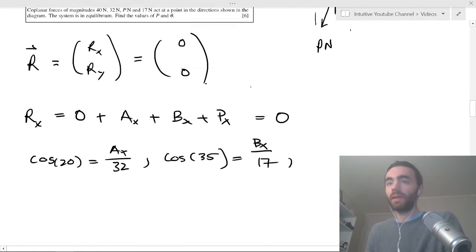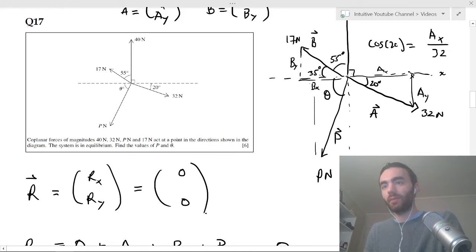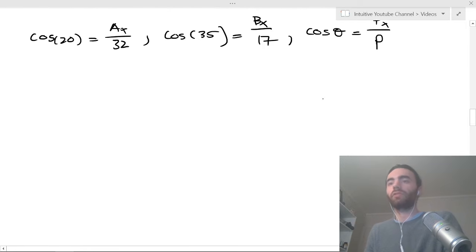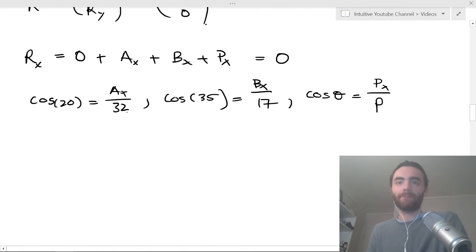And then we also have the Px. Well, our cos of theta equals our Px, which is the adjacent, divided by our P, which is the magnitude or the hypotenuse of the P vector. So we have cos theta equals Px over the magnitude of P.